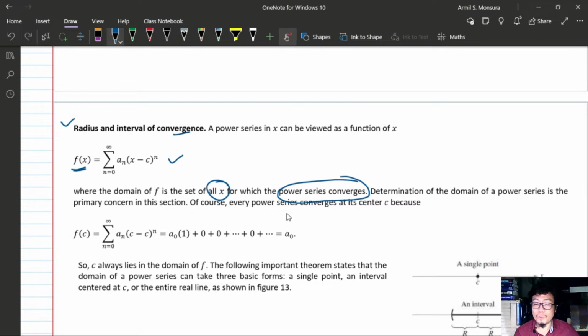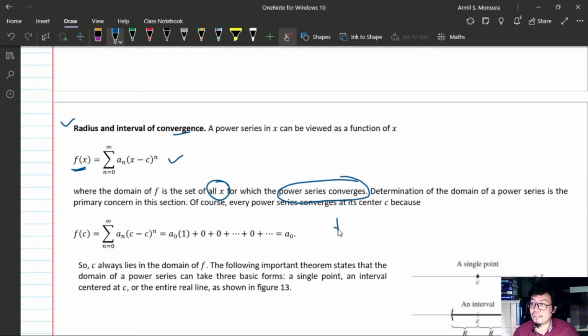Of course, every power series converges at its center. So automatically, the center of the power series is contained within the interval of convergence, or what we call the domain of your power series, and consequently of f also.